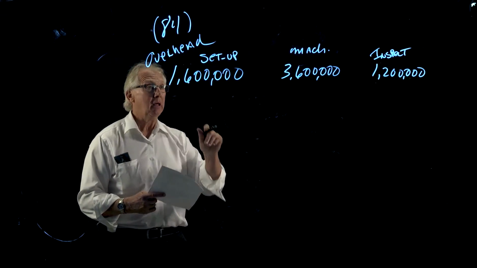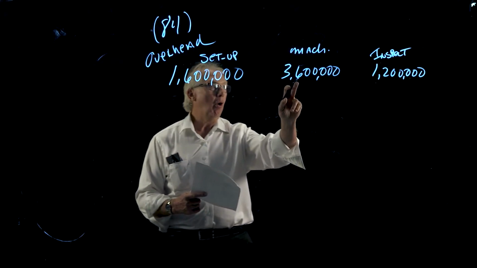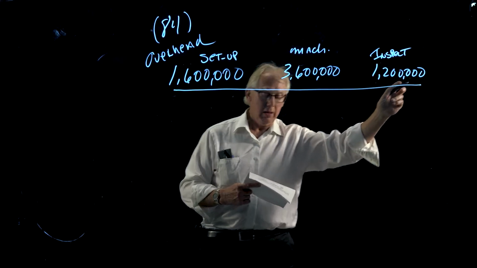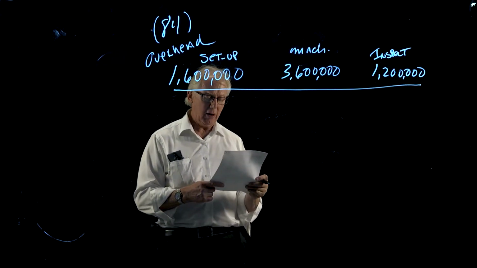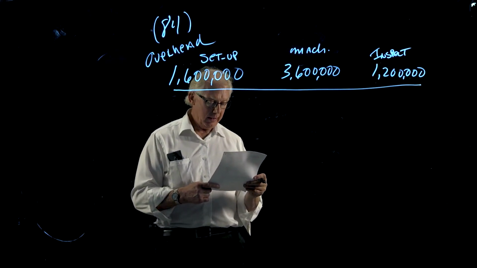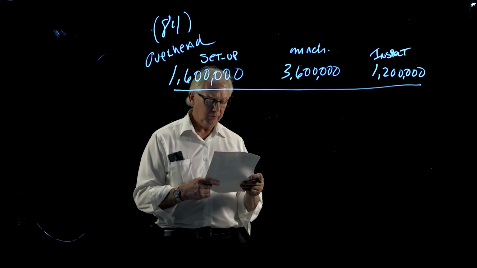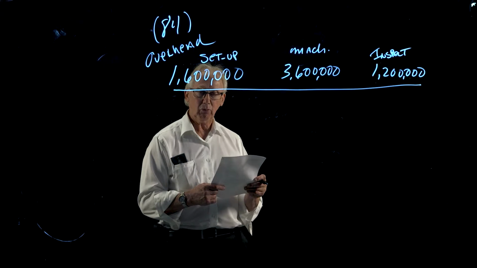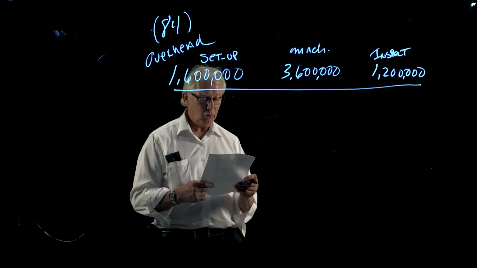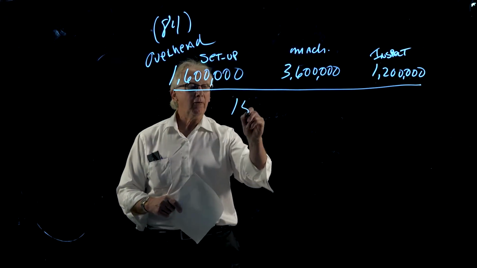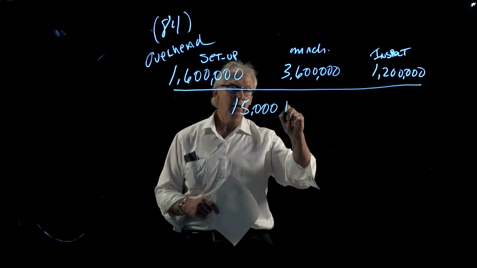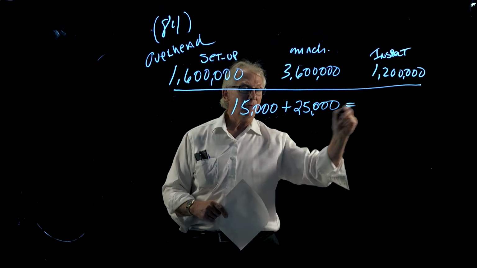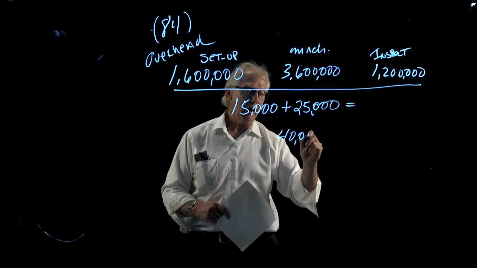Well, for one thing, then we have to add all three of these costs up. And we would go to our direct labor hours. And if we look at our direct labor hours, I see where board 12 has 15,000 and case 165 has 25,000. So if we add the 15,000 plus the 25,000, we get 40,000 total direct labor hours.